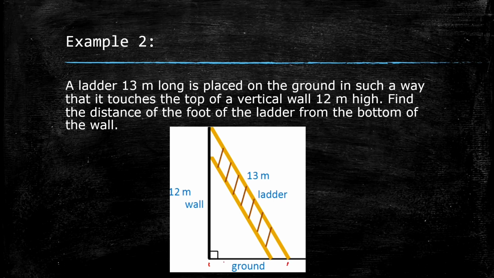Now let's assume this distance to be x. When we see this image, it appears like a right angle triangle. So it is a right angle triangle, and so we can apply the Pythagoras theorem. We've been given the perpendicular and the hypotenuse, and now we have to find the base.